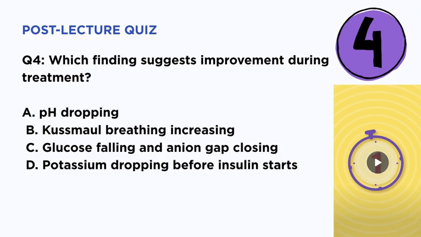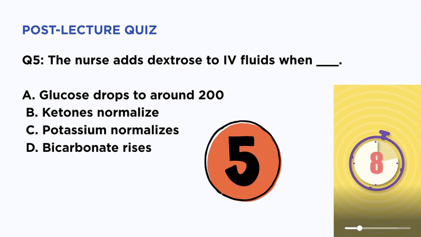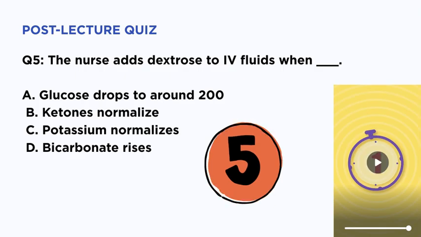Okay, so let's go to our last question. The nurse adds dextrose to IV fluids when. So again, this is very hospital specific. In your board exam, I'll show you which one to answer because they usually use that number. Okay, so the correct answer is letter A. So again, hospital specific, right?